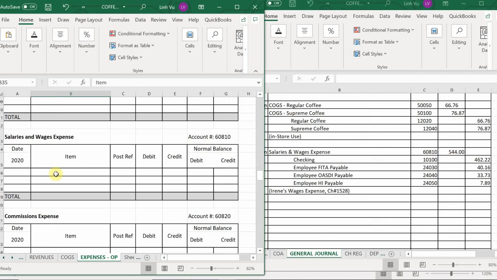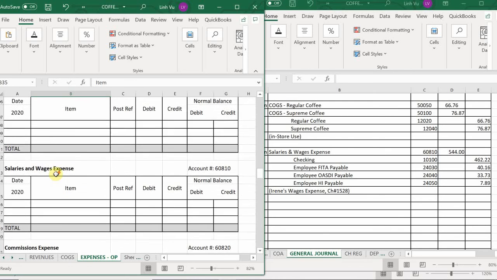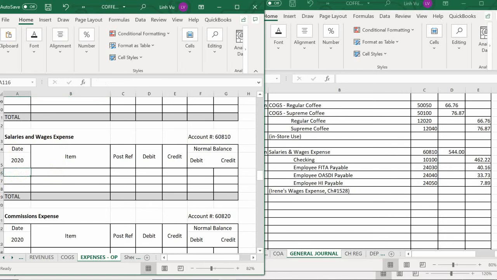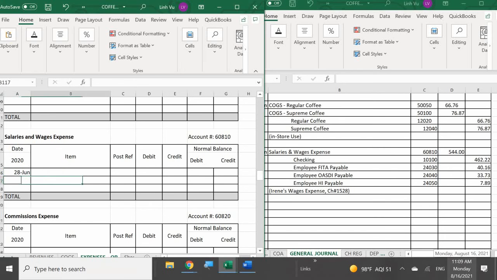So in this case, let's find where my salaries and wages expenses are. 628, this is for Irene Jameson. General Journal 18 for what total amount? $544.